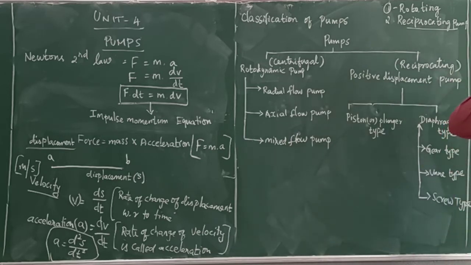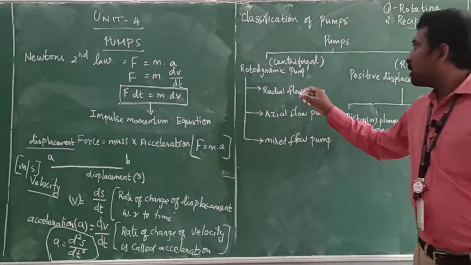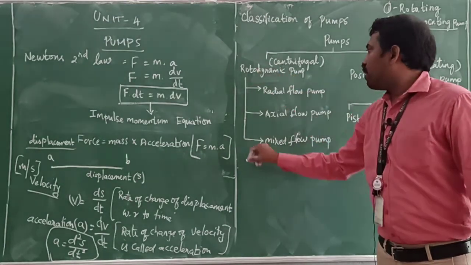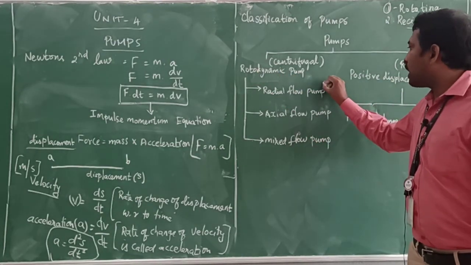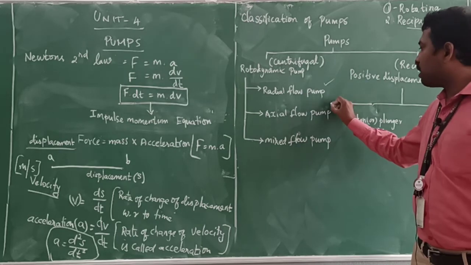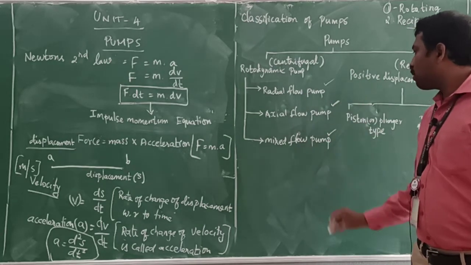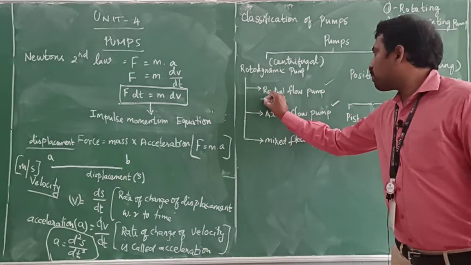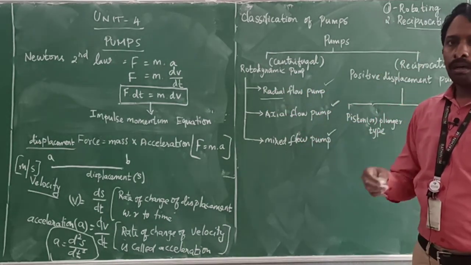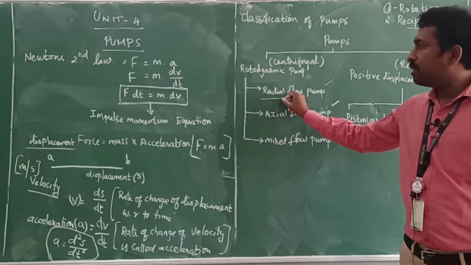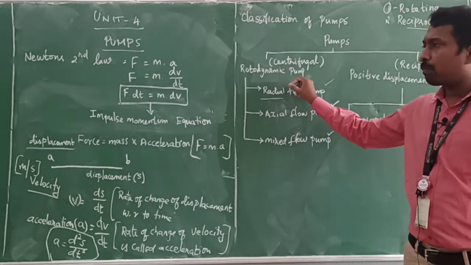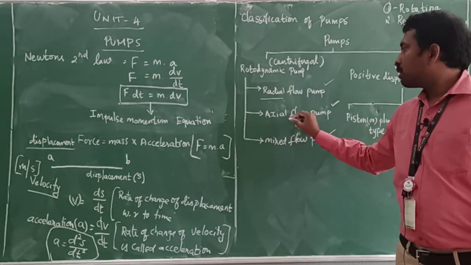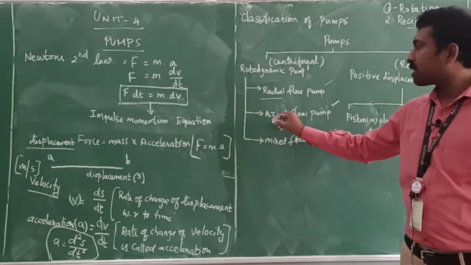So what is the other name for reciprocating pump? Positive displacement pump. Rotodynamic pumps are further classified into radial flow pump, axial flow pump and mixed flow pump. In a radial flow pump the flow comes radially. In an axial flow pump the outlet is axial.